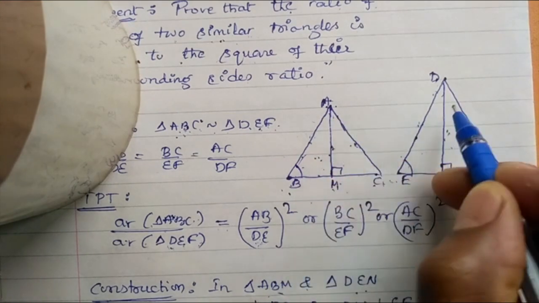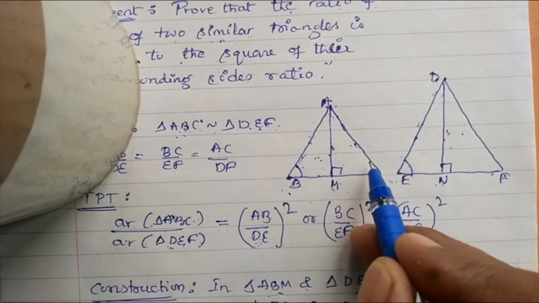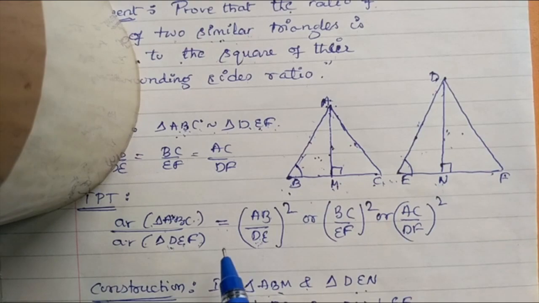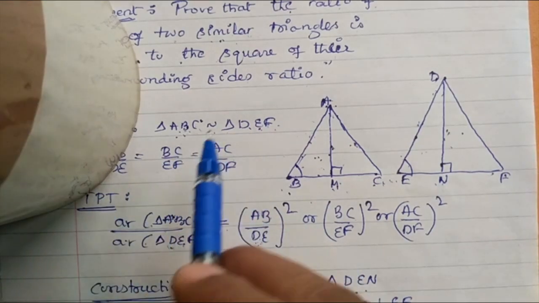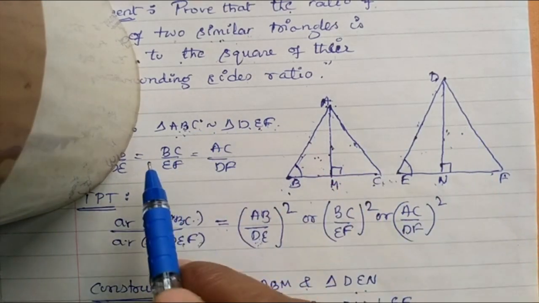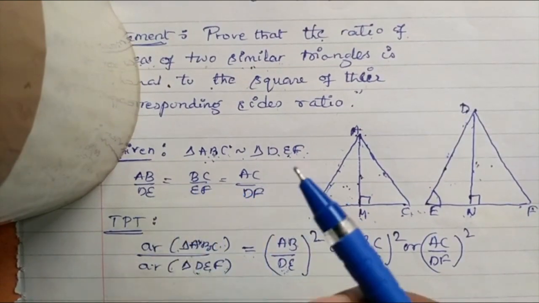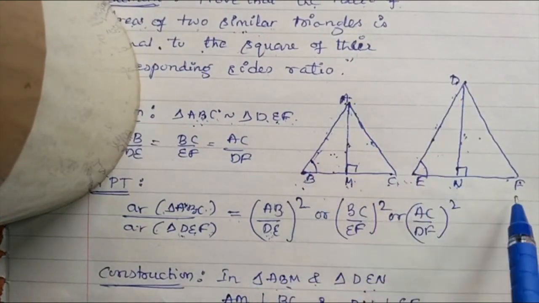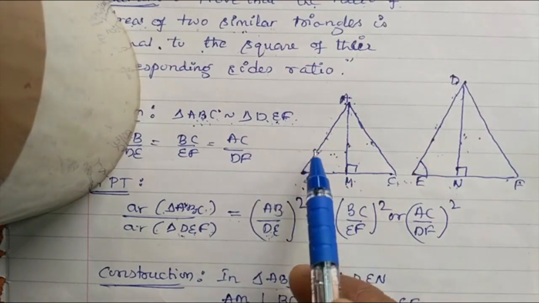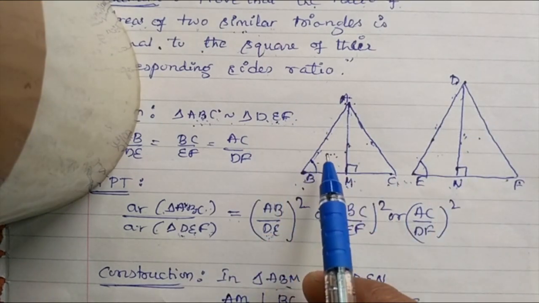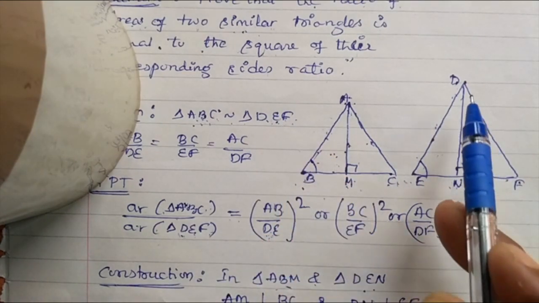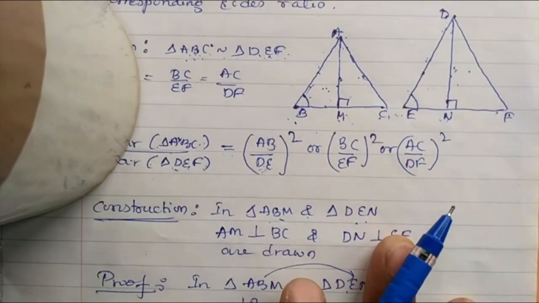The whole angle A will be equal to whole angle D, and whole angle C equal to whole angle F. Why? Because when two triangles are similar, their corresponding angles are equal and their corresponding sides are in ratio. So ABC and DEF are already similar. Therefore, all three angles of the first triangle are equal to the three corresponding angles of the second triangle.